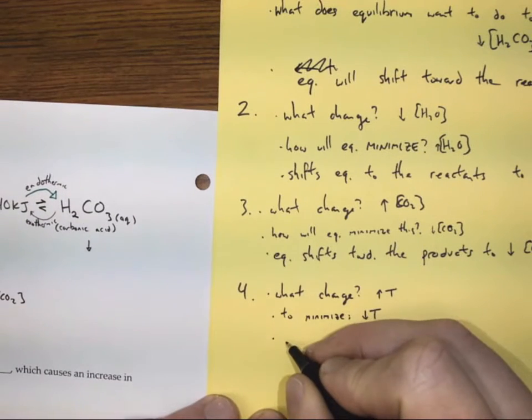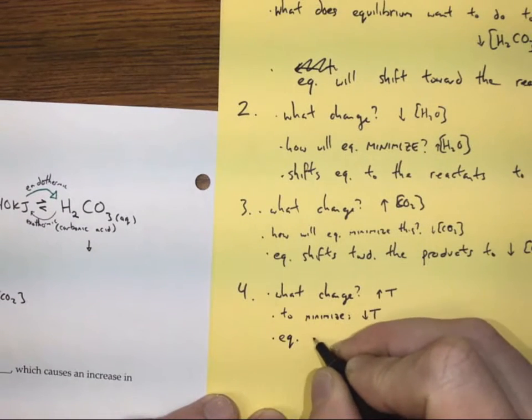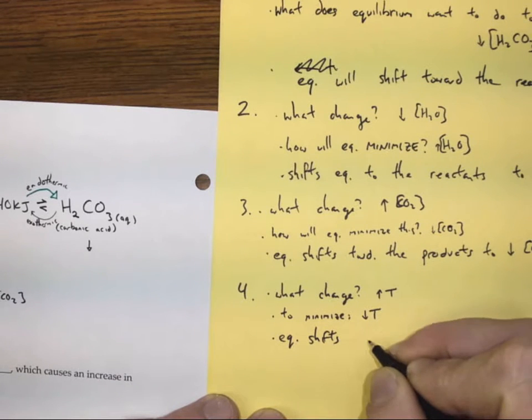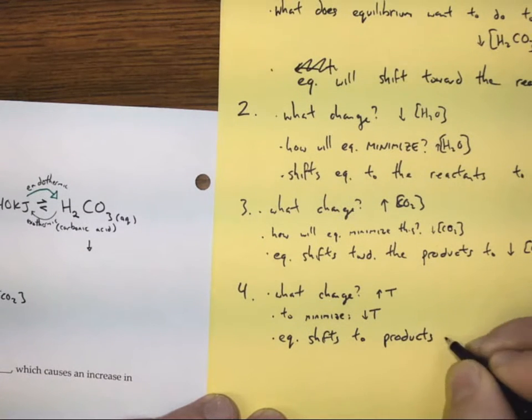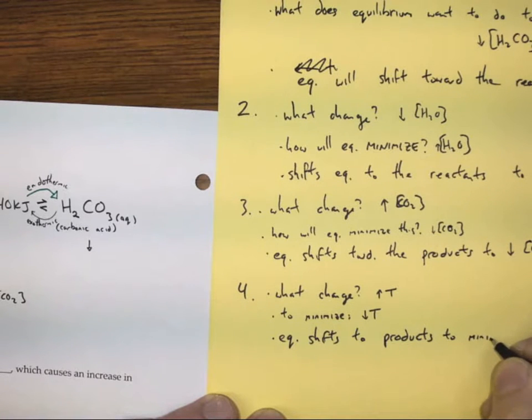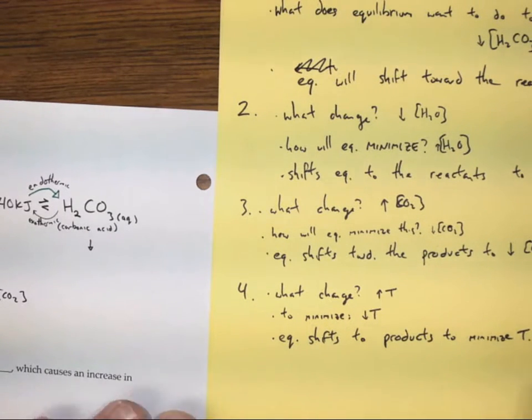So we're going to find that equilibrium shifts to the products to minimize the temperature increase. Okay.